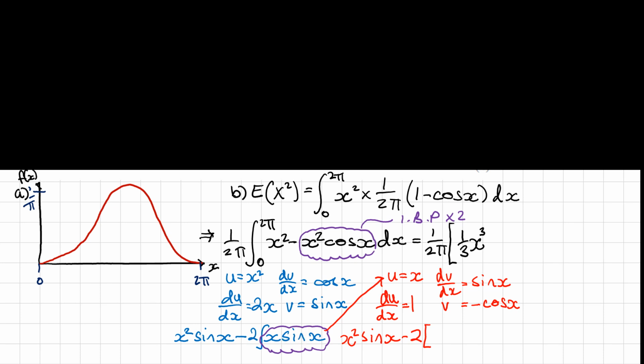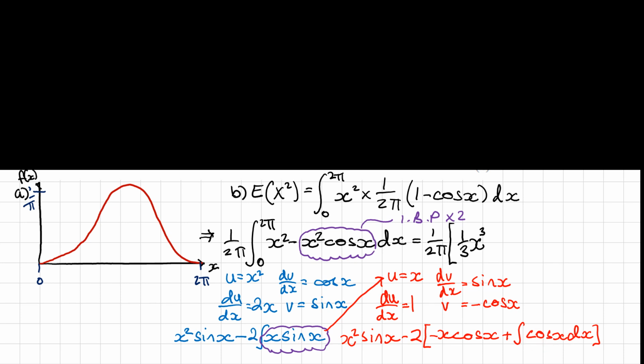So that would be uv, so that would be minus x cos x, then minus the integral of v du dx, which is 1 times negative cos x. So if I put the plus there, I can write this as cos x dx here. Right, so this gives me a nice straightforward integration here. So this was going to become sine x.